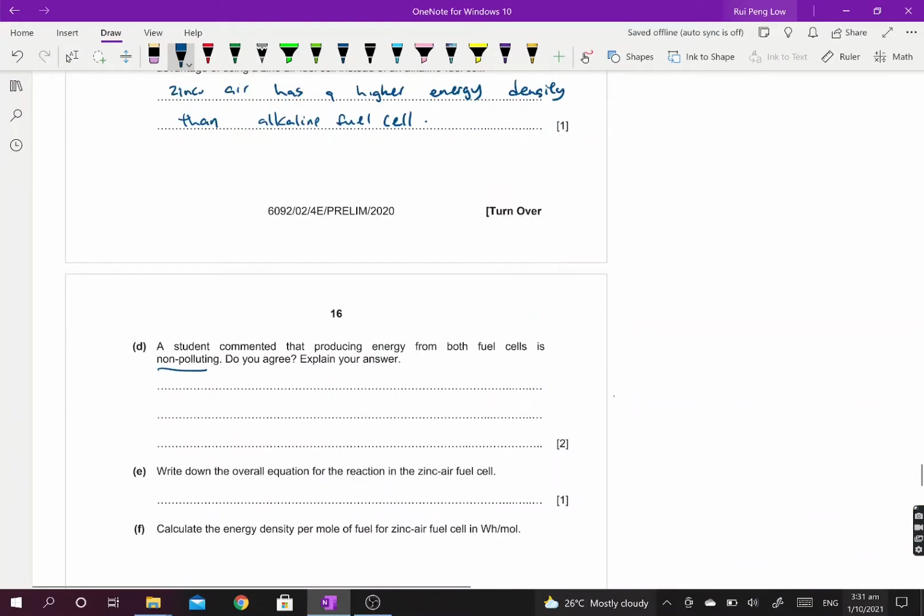So do you agree? Now, despite the fact that the waste is only water and zinc, it doesn't necessarily mean that producing this electricity using this fuel cell is non-polluting.